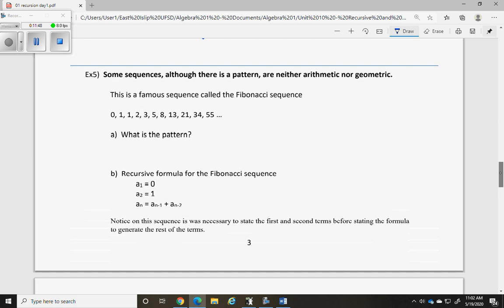Sometimes with sequences, although there's a pattern, it's neither arithmetic nor geometric. Remember, arithmetic means add the same number. Geometric means multiply by the same number. With an arithmetic sequence, I just want to remind you, we say that there's a common difference, and we use D to represent it.